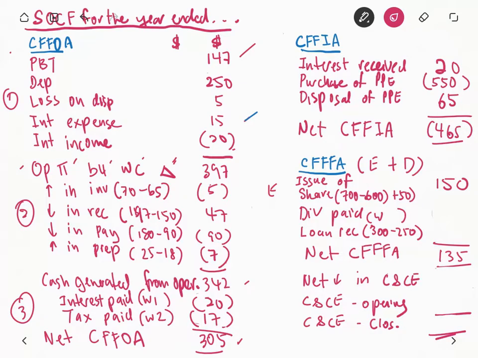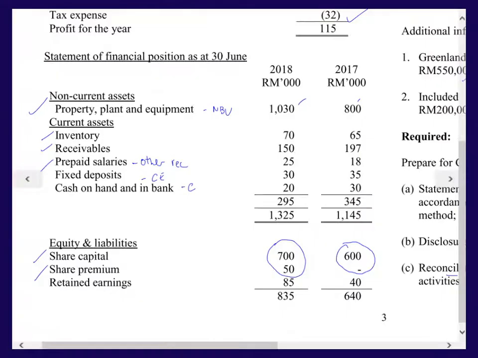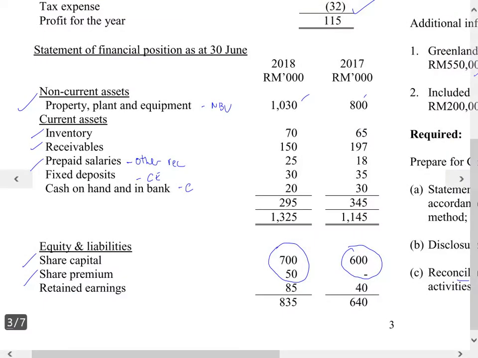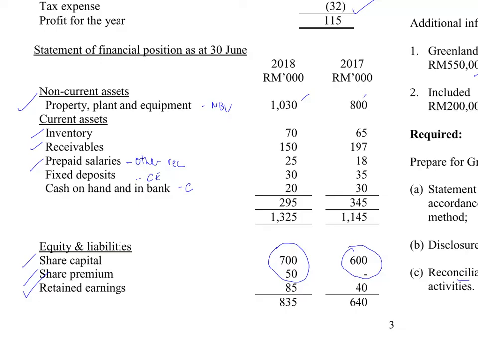Not only that, when we have issue share, must we also calculate for dividend? Dividend paid, we use which figure? Dividend paid, we use retained earning. Now, what is the difference between this retained earning to calculate the dividend paid compared to last week's question 2?